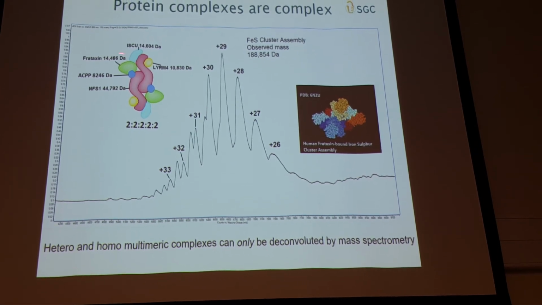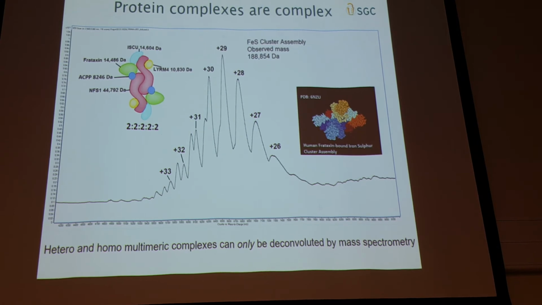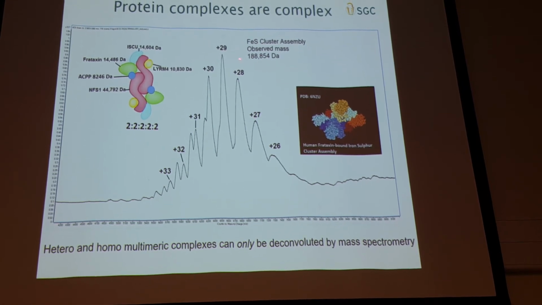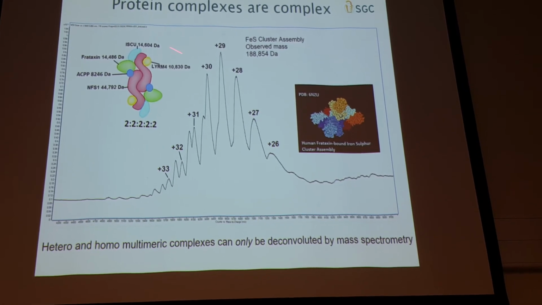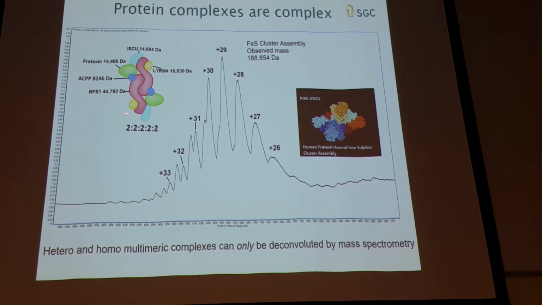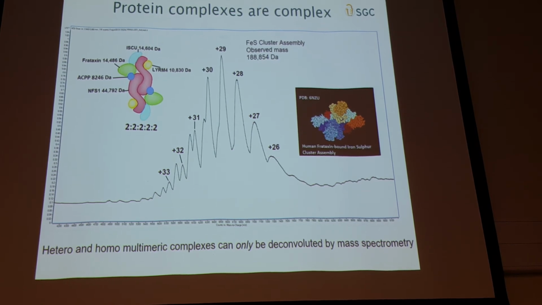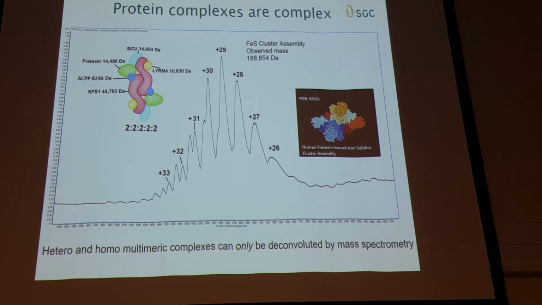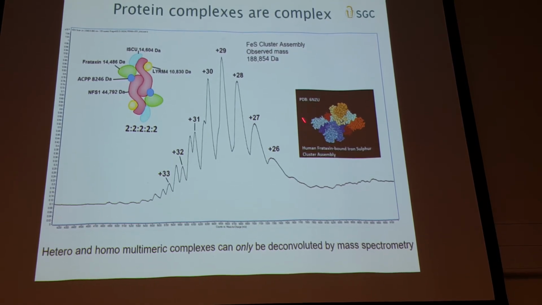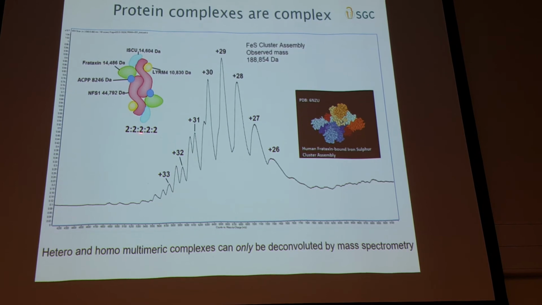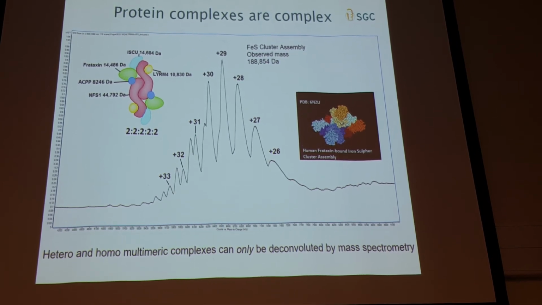I know that because I've measured the mass of the individual components, I've measured the mass of the complex, and the only way you can achieve that mass is by this stoichiometric ratio. And that's the only way you can do it, shy of crystallography. Here's a crystal structure, and you can see that it mirrors this 2 to 2 to 2 to 2 to 2.